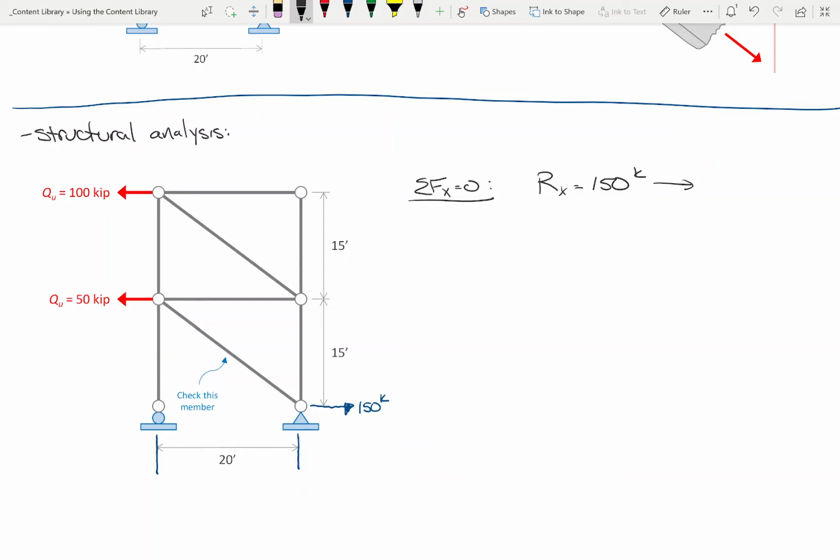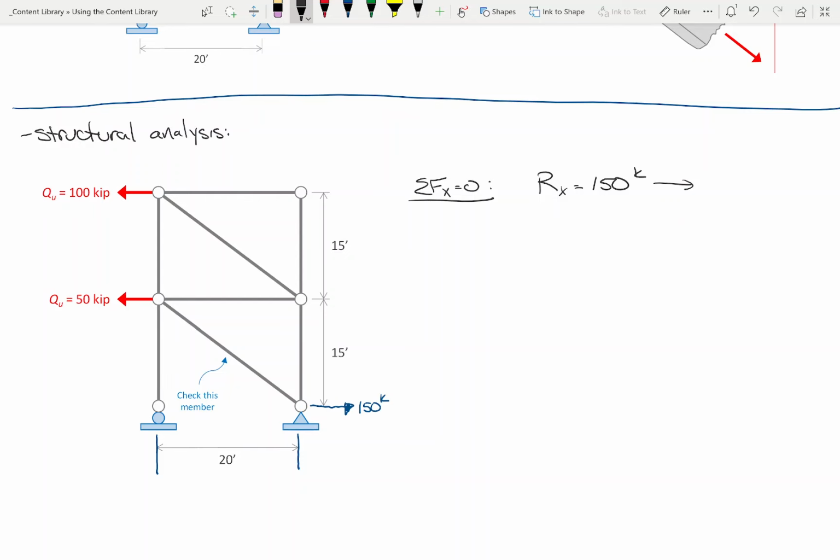Okay. Now, would everybody agree that a method of joints analysis of this joint right here will give us the force inside this member? Does everybody agree with that? So in order to do a method of joints analysis, I need this reaction, right? What's a simple way of getting this reaction? Take the sum of the moments about this point right here, right?